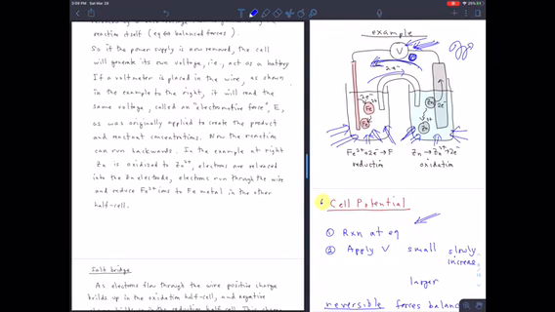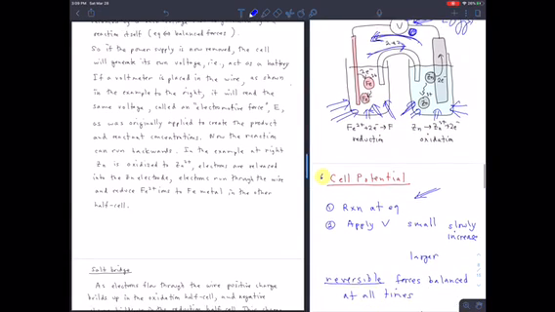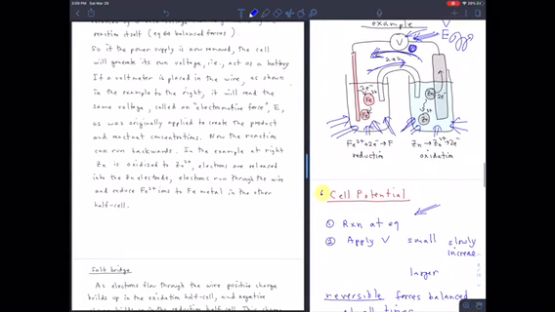At that point, I'll have some finite voltage V that I've applied, but also a reverse voltage, called E, the electromotive force, that represents the back resistance of the cell to the changes I imposed.